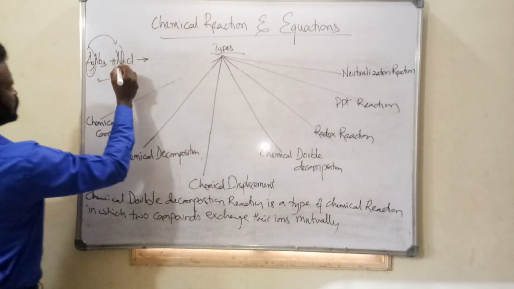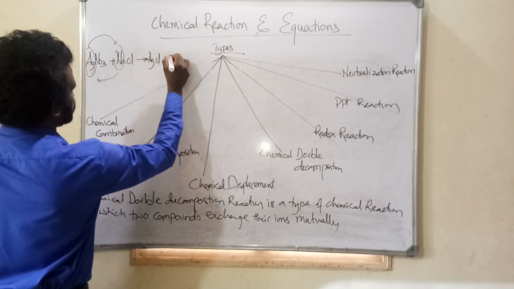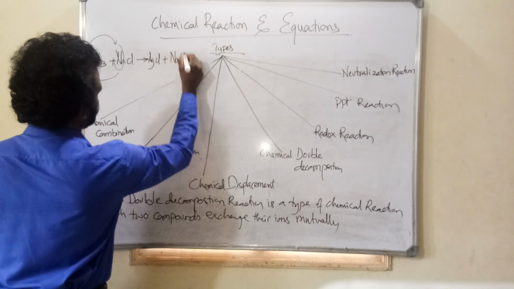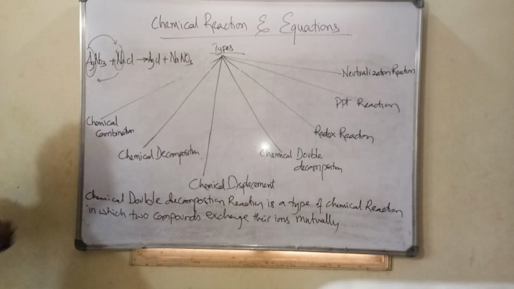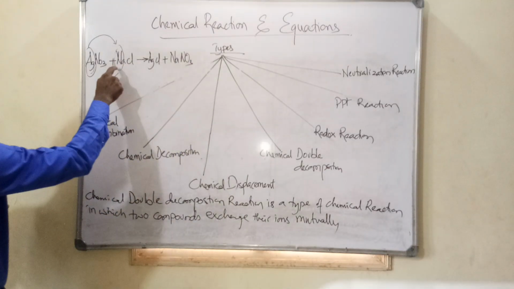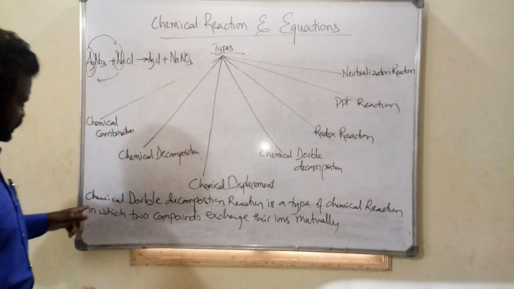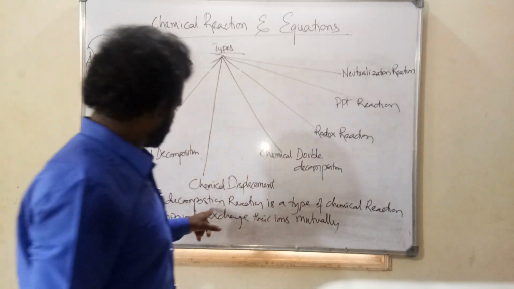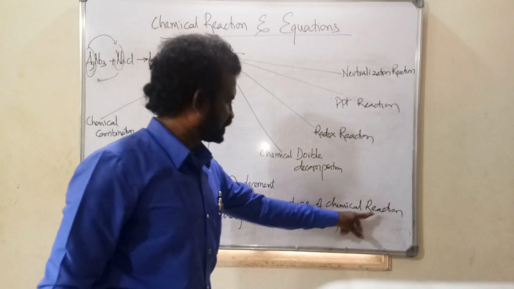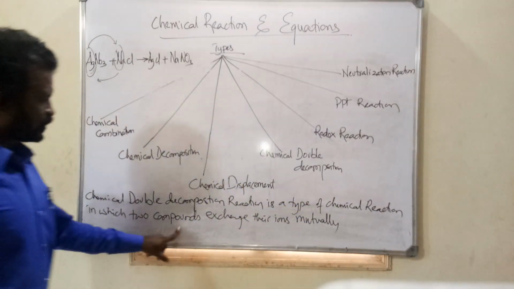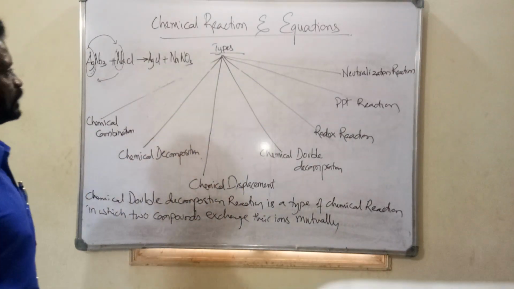Now what happens here: AgCl plus sodium nitrate. That means they are mutually exchanging. Silver says I come here, sodium will come here, let us exchange mutually. Double displacement and double decomposition are both the same. The reaction is a type of chemical reaction in which two compounds exchange their ions mutually.